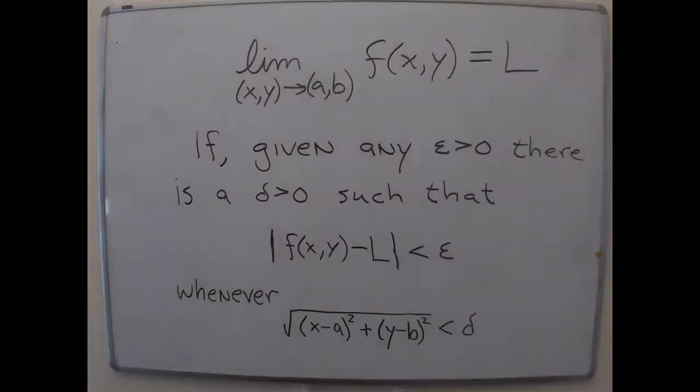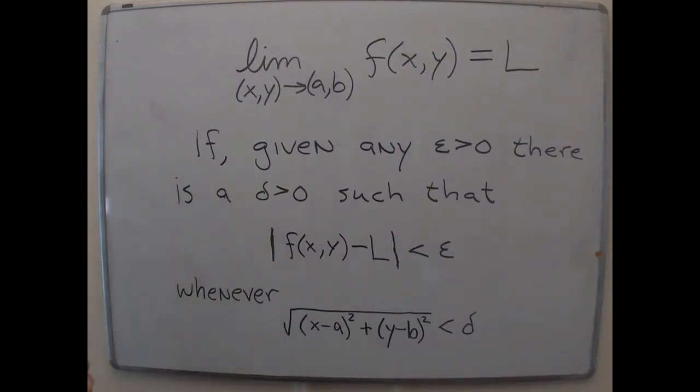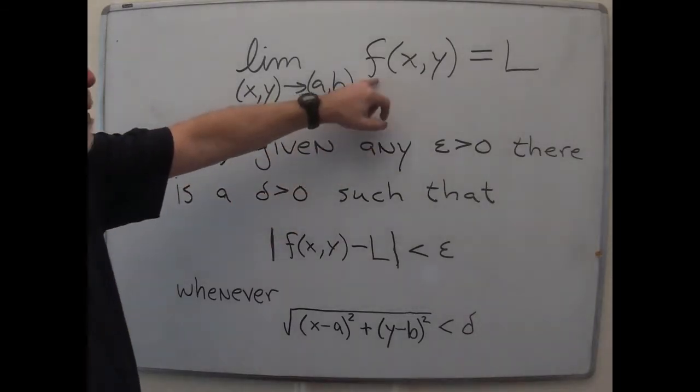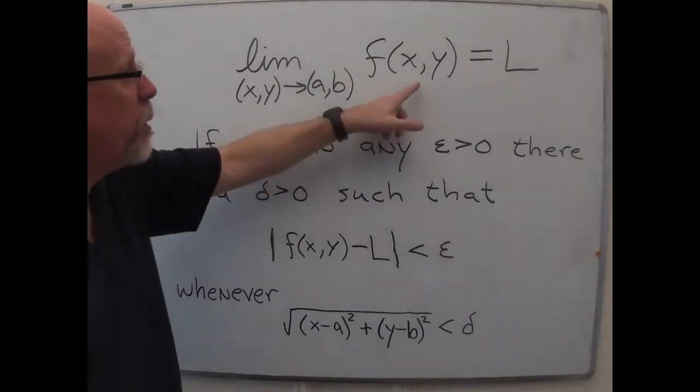All right, so let me erase and I will put the book's version of these things on the screen. Okay, so here it is, more or less as it appears in the book. I still left a few nuggets out, but I wanted to get the main points here first. So again, we're talking about figuring out the limit, as a moving point in the xy plane approaches a particular point in the xy plane, of the function evaluated at that point in motion.